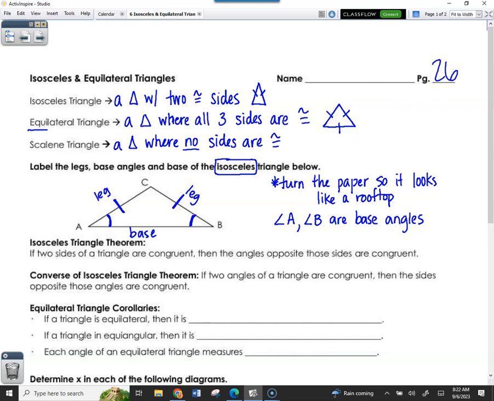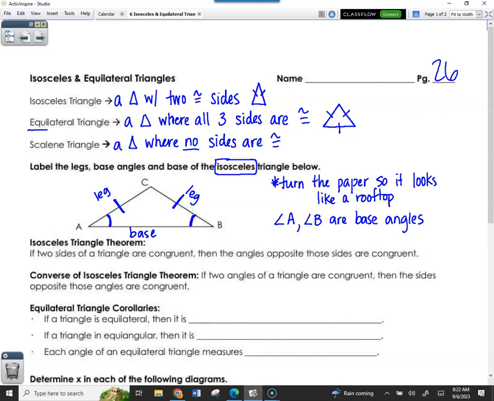If you have an isosceles triangle, then you have how many congruent angles? 2. Where are they? They're always the bottom base angles if you turn it like a rooftop every time. I love when things are consistent every time. I love when I can say to you, hey, it's going to be like this every time. Because then I feel like there's some comfort in knowing, like, okay, if I can just remember that, it's that way every time.